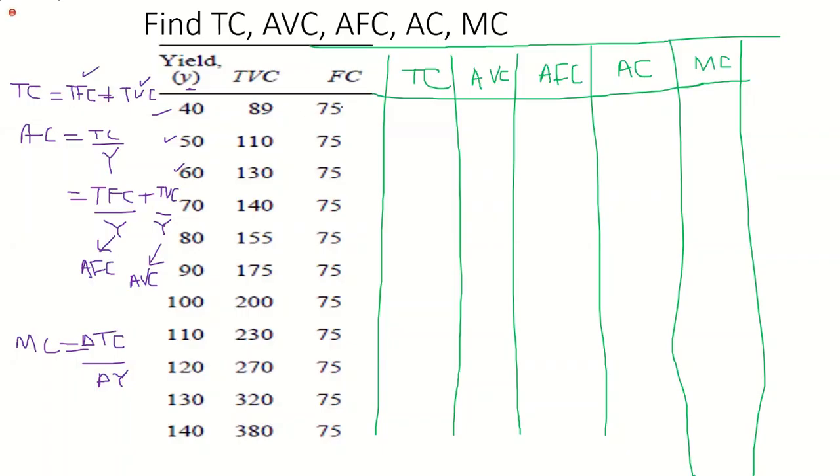So total fixed cost is 75. You can see now the fixed cost does not vary with the output. Output changes again and again, but the fixed cost is fixed. It doesn't depend on the amount. But variable cost will change. For example, if this is the yield, total variable cost might include the cost of fertilizer, cost of labor and all that.